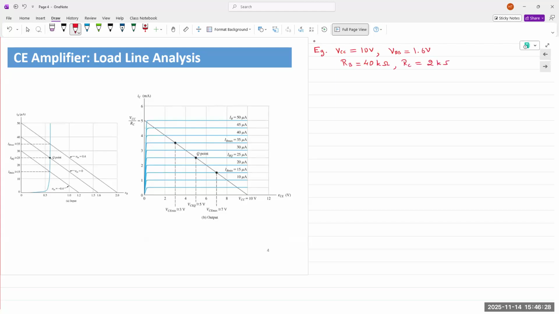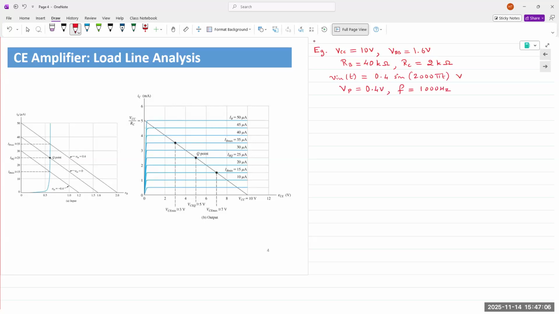RC is 2 kilo ohms. V in of T is 0.4 sine 2000 pi T volts, of course. So from this, I know that my VP is 0.4 volts and my frequency is, sorry, 1000 hertz.